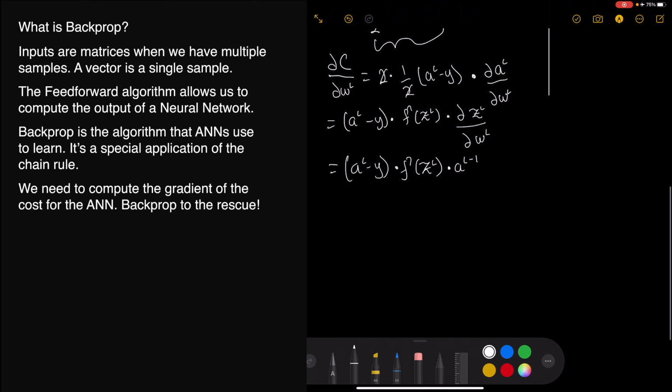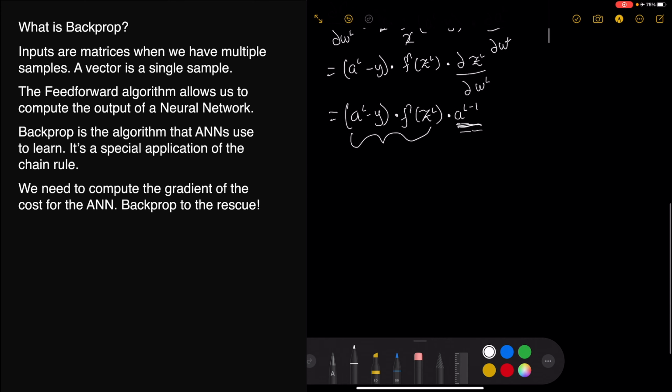So whatever this whole thing is going to be the same without this term, because instead of being al minus 1, it's just going to be 1, right? So we can just say that the derivative of the cost with respect to the lth bias is going to be al minus y times f prime of zl. That's it. All right.